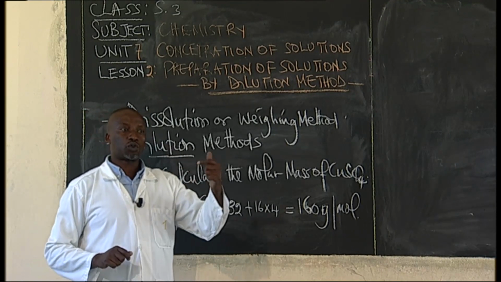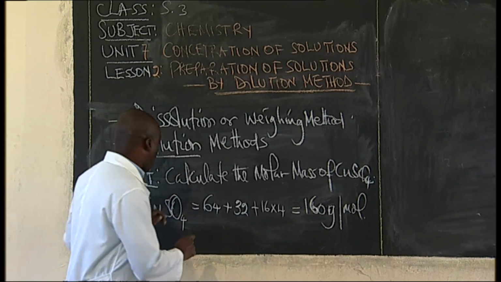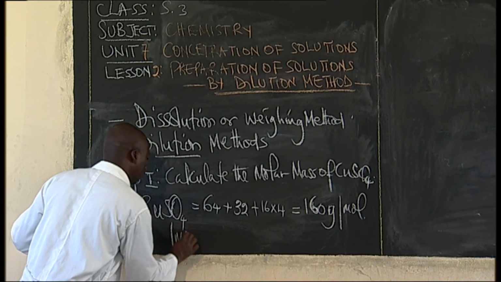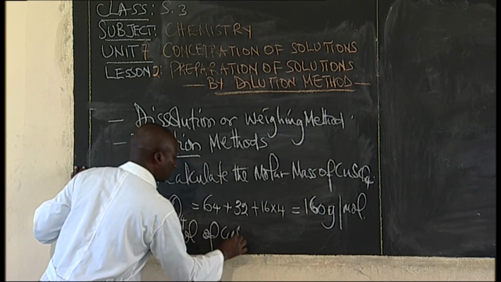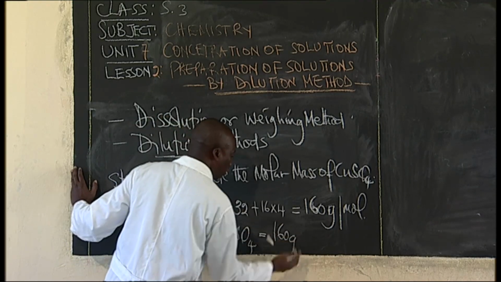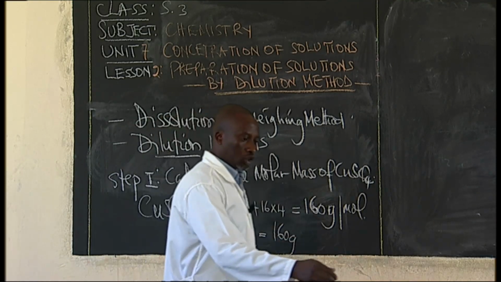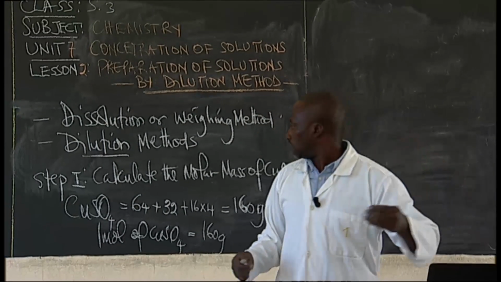Remember, we are supposed to prepare 0.1 mole. So if 1 mole of copper 2 sulfate is equal to 160 grams, you need to now know what 0.1 mole will be.